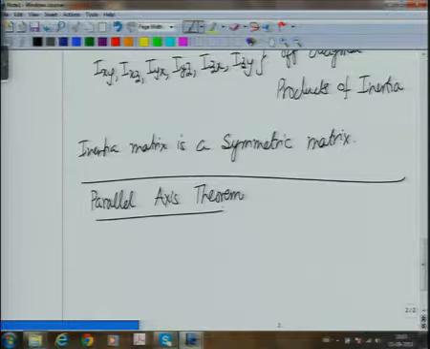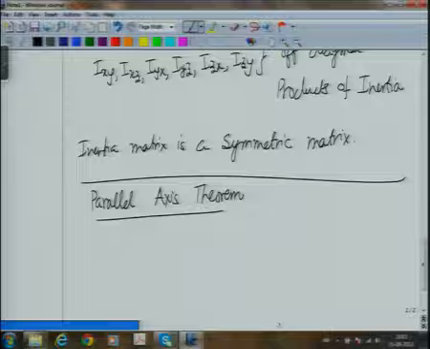We talk of what is termed as the parallel axis theorem. Parallel axis theorem deals with a case where we know the inertia matrix.